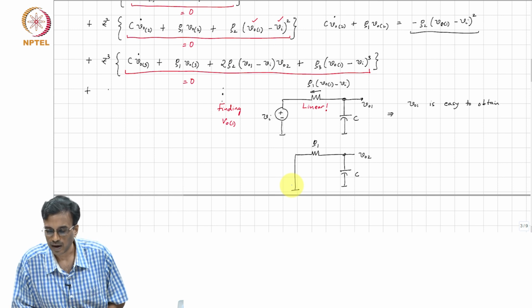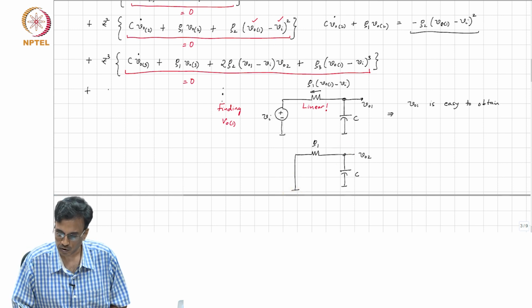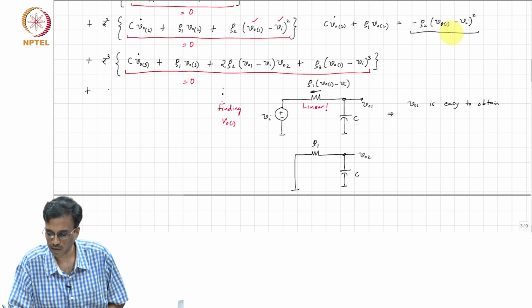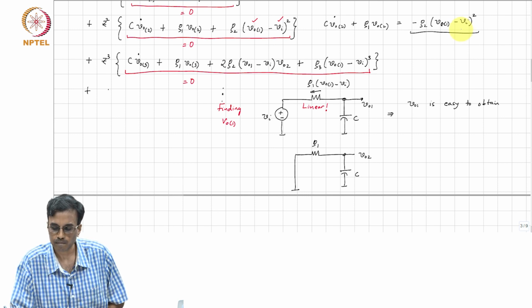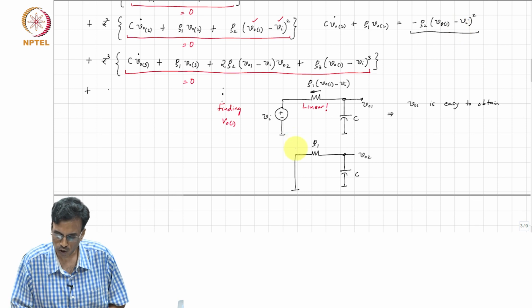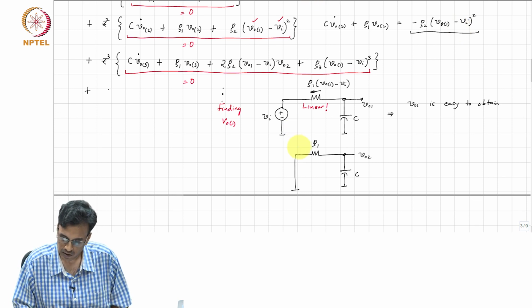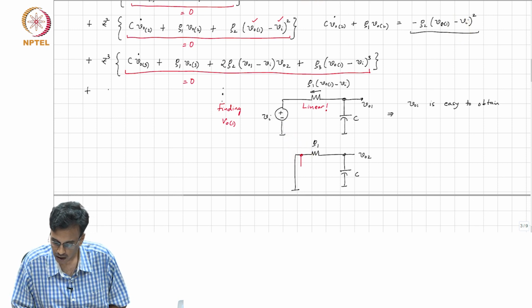Okay. And now what are we adding in addition to this network? We are exciting the capacitor node VO2 with a known current. How much is that current?